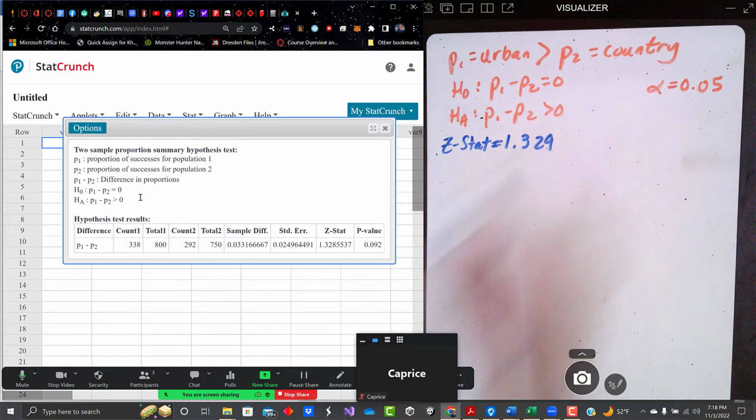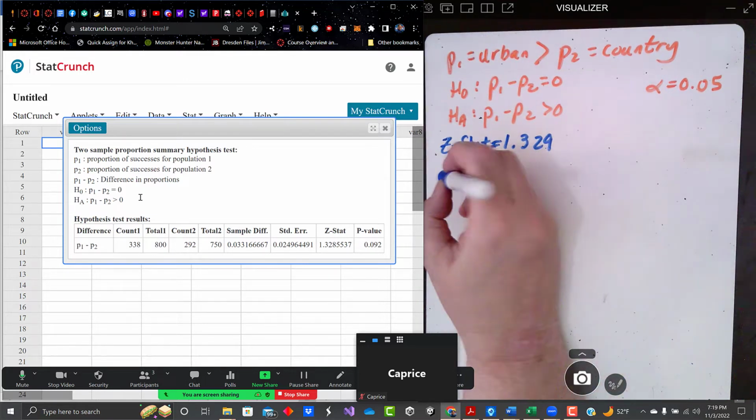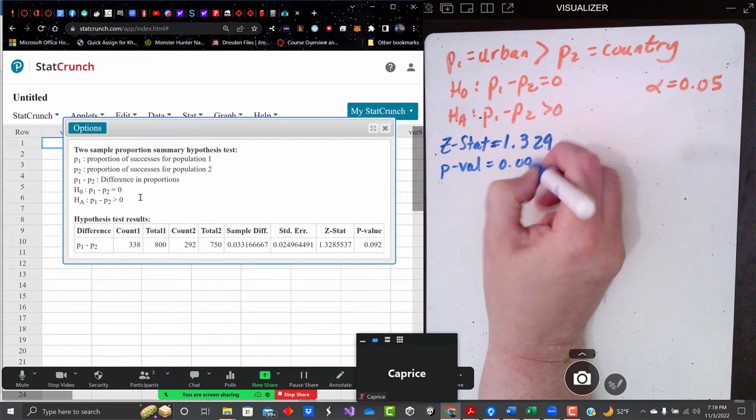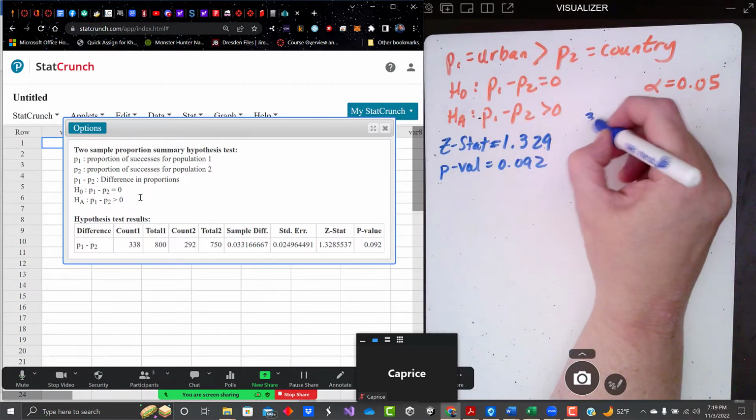Notice we don't do anything with it, but if you're writing a research paper and you've got the data or summarized data, people should be able to run the same hypothesis test and get the same stat number. Listing the Z-stat or test statistic is your way of giving them something they can verify. And then we have the p-value is 0.092. So that was step 3.